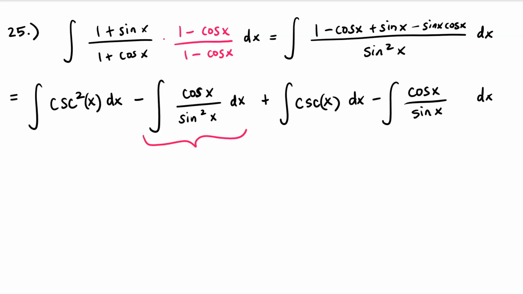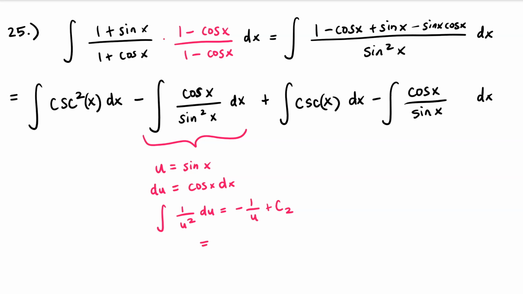So in this second integral here, the way that we're going to go about integrating that is by u substitution and letting u equal sine of x, which will make du equal cosine of x dx. So that integral will change into 1 over u squared du, and that's going to end up being negative 1 over u plus our constant of integration.